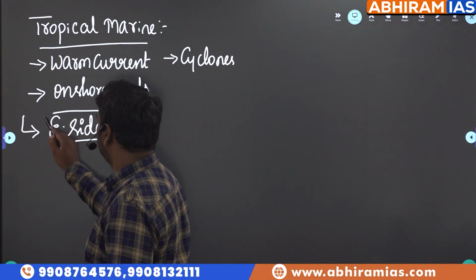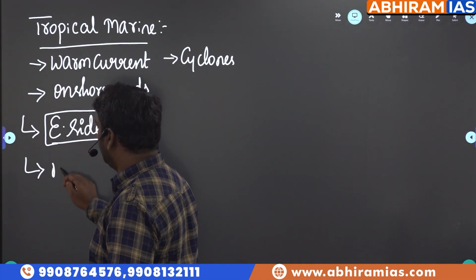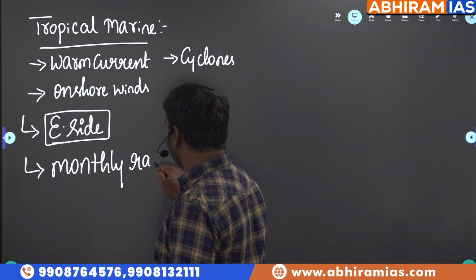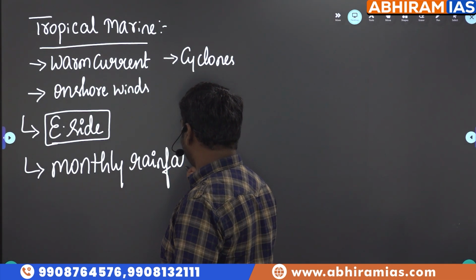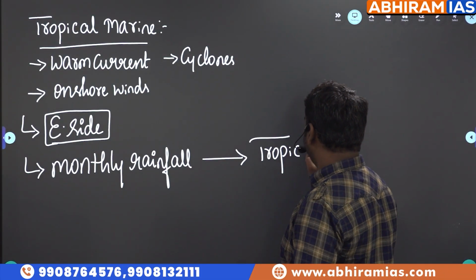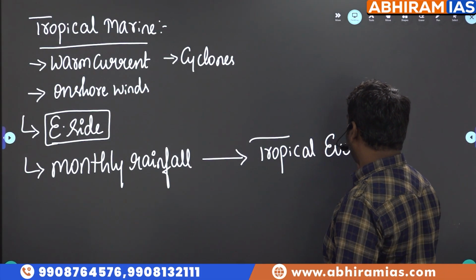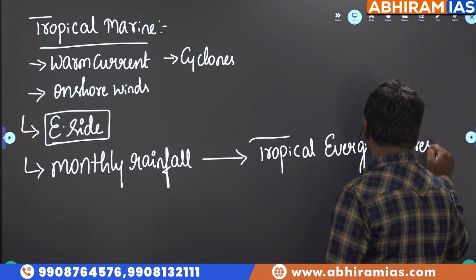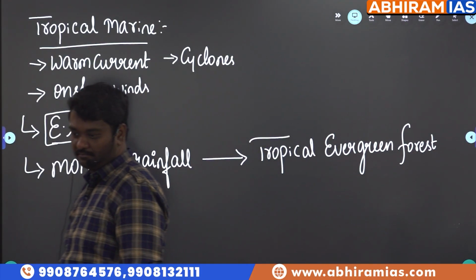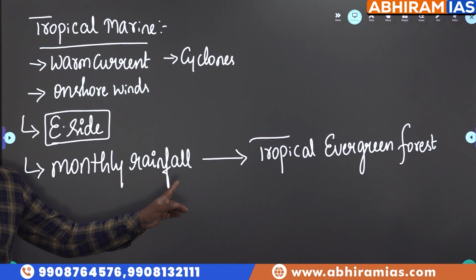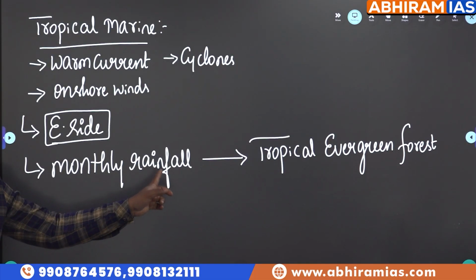Remember this word: monthly rainfall, not every day. If you have rainfall every month, we normally say tropical evergreen forest, because this forest need not have epiphytes.